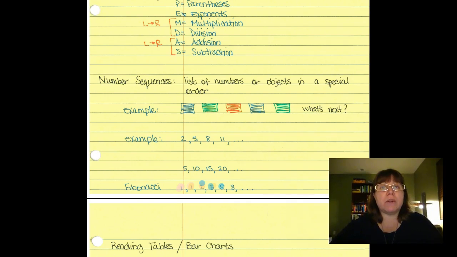For my very last value in this sequence, I took 3 and 5, 3 plus 5 is 8. So what would be my next number? Well, if I follow that pattern, I'll take 5 and 8, add them together, and I should get 13.